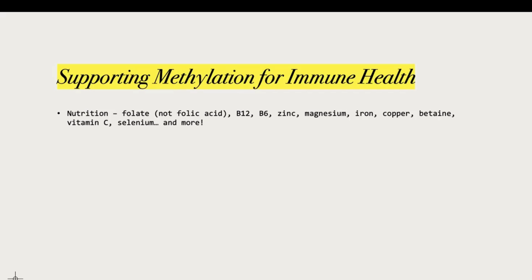So what I would say with that though is it's really important not to, after this seminar, just go out and run around and buy all of these different things in supplement form. And there's some really good reasons why. One is that you can actually have too much of a good thing. You can get side effects from having too much folate or too much B12 and too much B6. I think people in Australia will have heard about B6 recently.